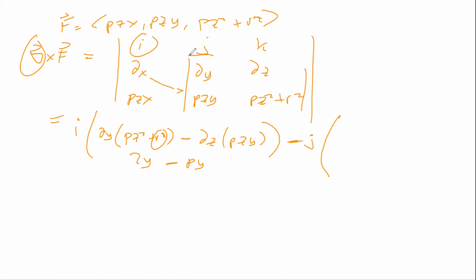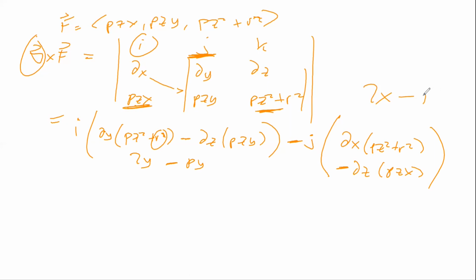If you select the j, then you need to select the i and k columns to do your determinant with. So it'll look like the z derivative of pzx minus the x derivative of pz squared plus r squared. So this is just 2x minus px. It's pretty much the same thing as the y.